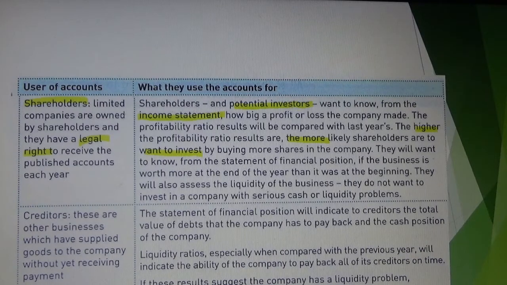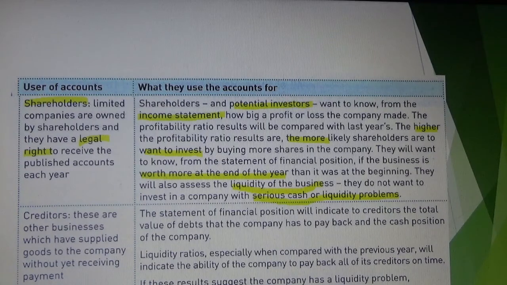They will want to know from the statement of financial position if the business is worth more at the end of the year than it was at the beginning. They will also assess the liquidity of the business. They do not want to invest in a company with serious cash or liquidity problems.